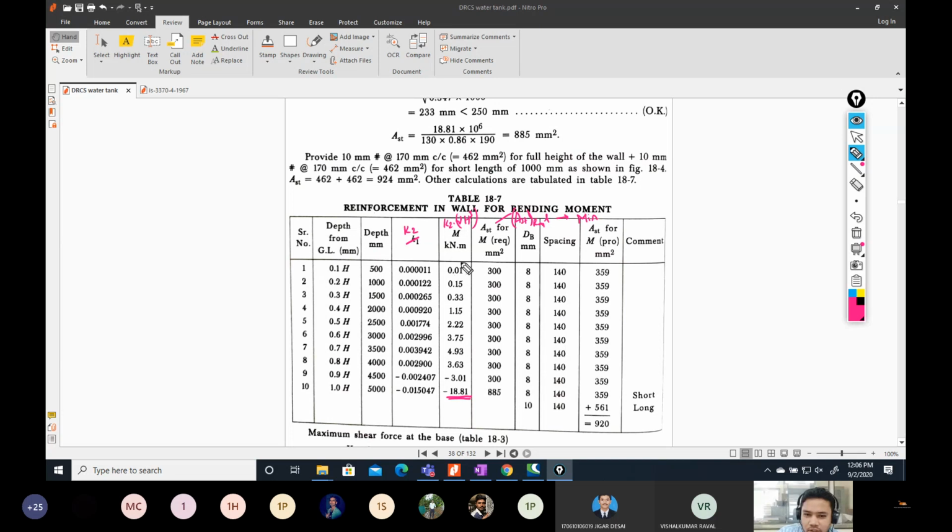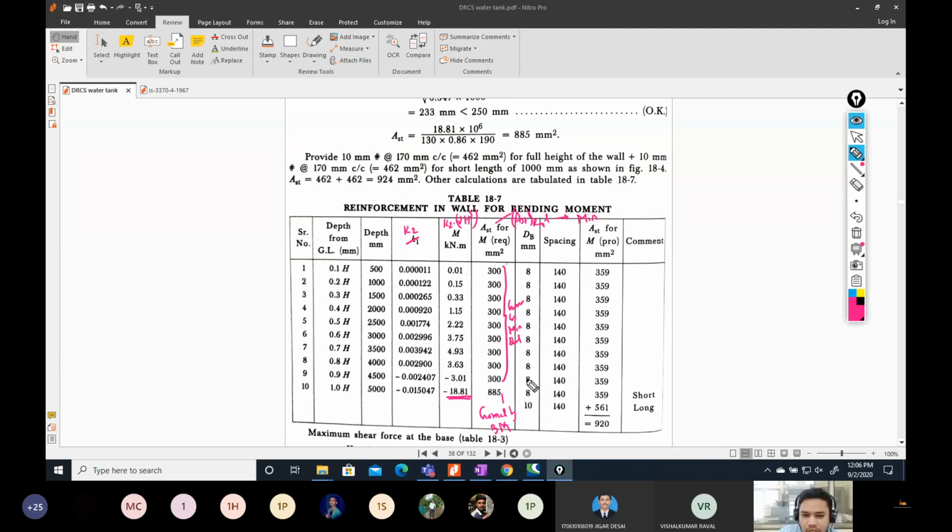So here the steel required will be governed by the minimum steel. So all these are governed by the minimum steel, except this last one, which is governed by bending moment, whereas these are governed by minimum steel.